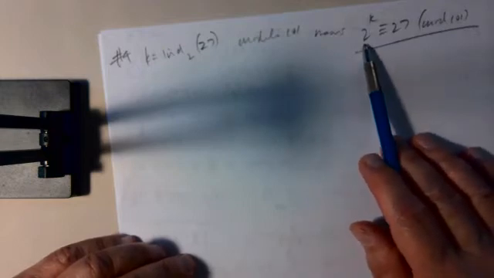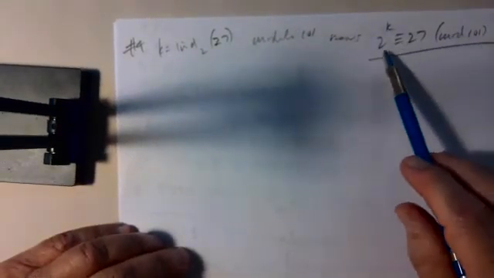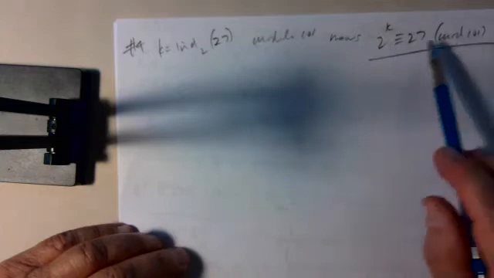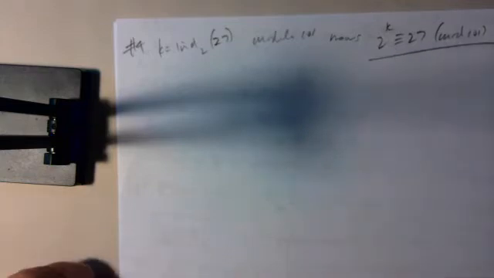Because 2 is a primitive root, every number not divisible by 101 is going to be a power of 2 mod 101. So we want to find the k that works. I don't know. Any suggestions about what to do?